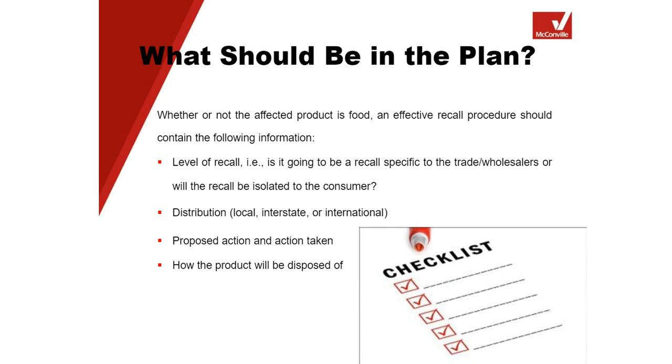So now that we've gone through what should be in our plan, and we've worked hard to write the plan up, and we've reviewed the plan, and we think it works, what we need to do is test our plan. Generally, what we will need to do when we are testing our plan is what we call a mock recall.